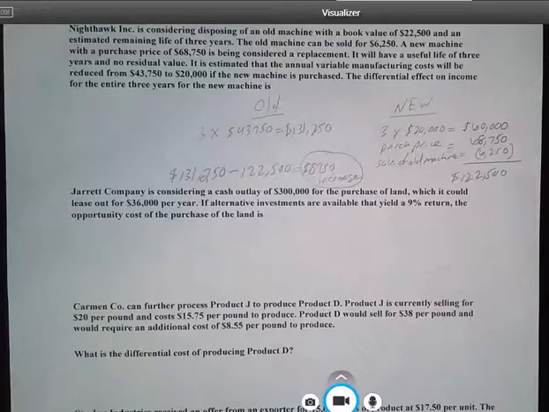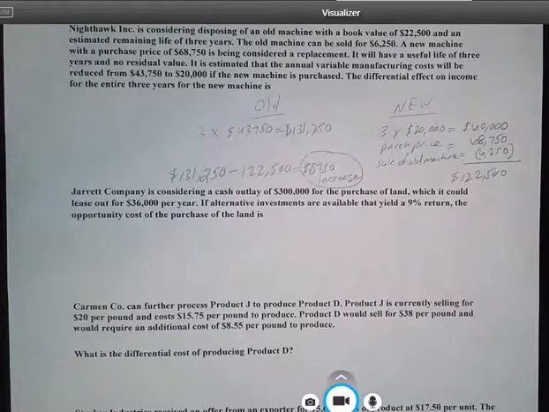If alternative investments are available that yield a 9% return, the opportunity cost of the purchase of the land is what? Well, we need to understand what opportunity cost is. Opportunity cost, in this case, would be the foregone income from an alternative decision.